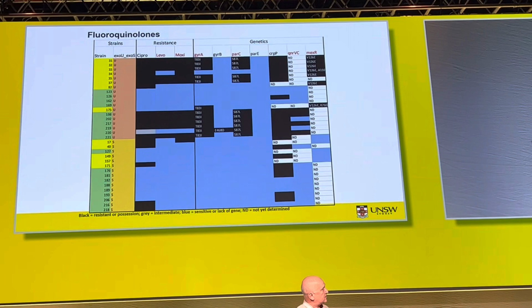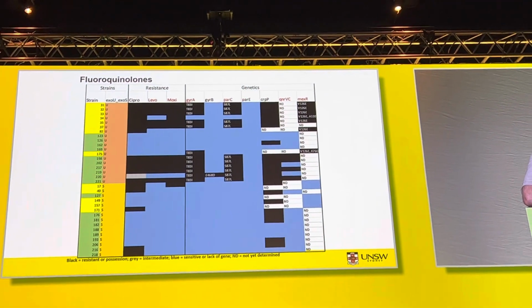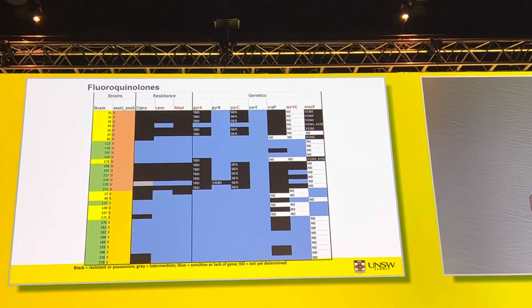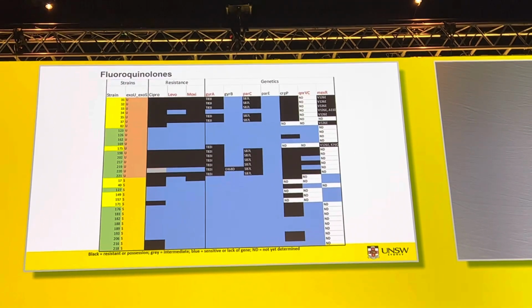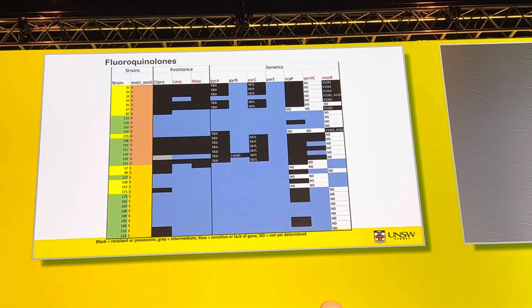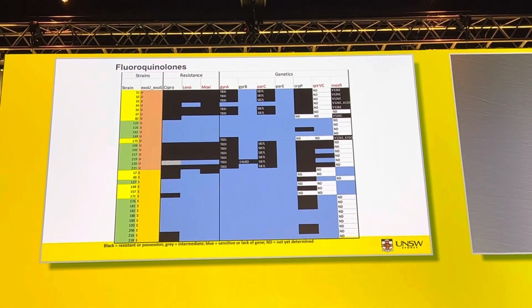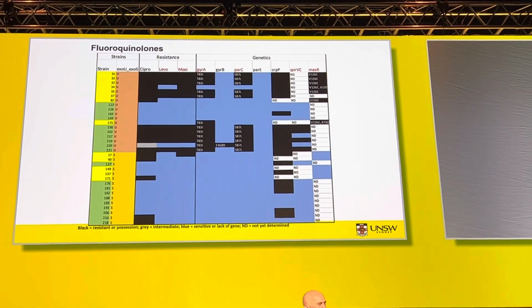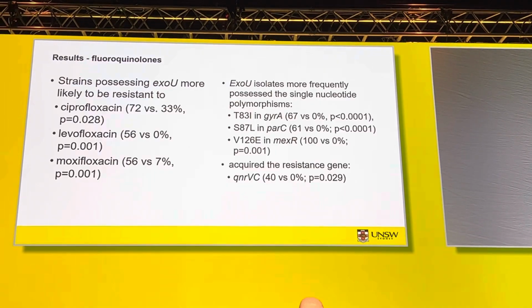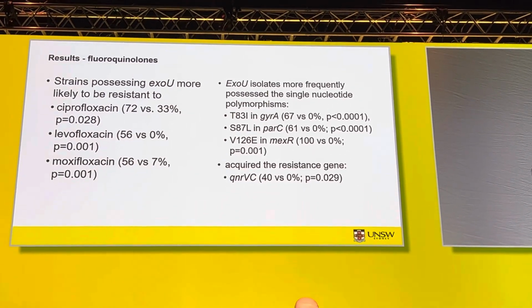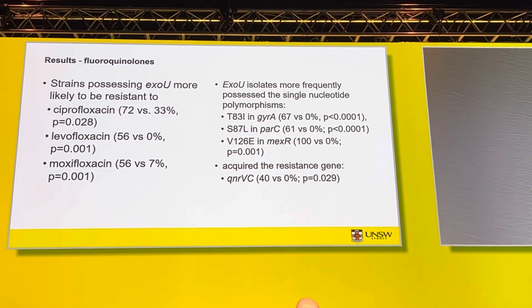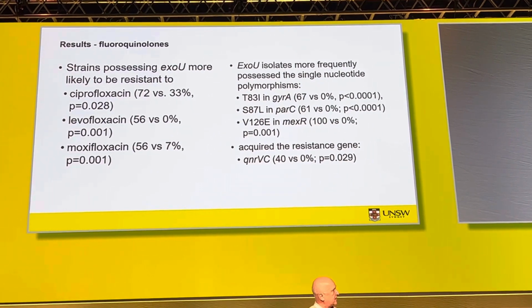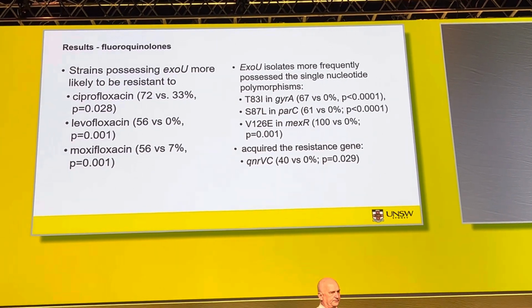And they tend to be resistant because they have mutations in the genes called gyrase A and parC, which are involved in making DNA properly, but also in other genes, for example, in a gene that's associated with fluoroquinolone resistance and other resistance, qnrVC. And that just gives some data around this. You can see there's significant differences between the ExoU and the ExoS genes in resistance and in the genes that they possess, as I said.